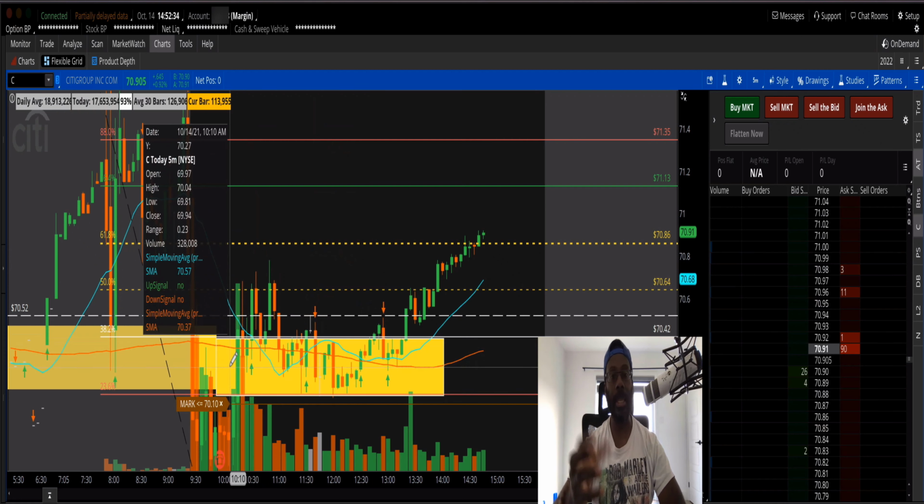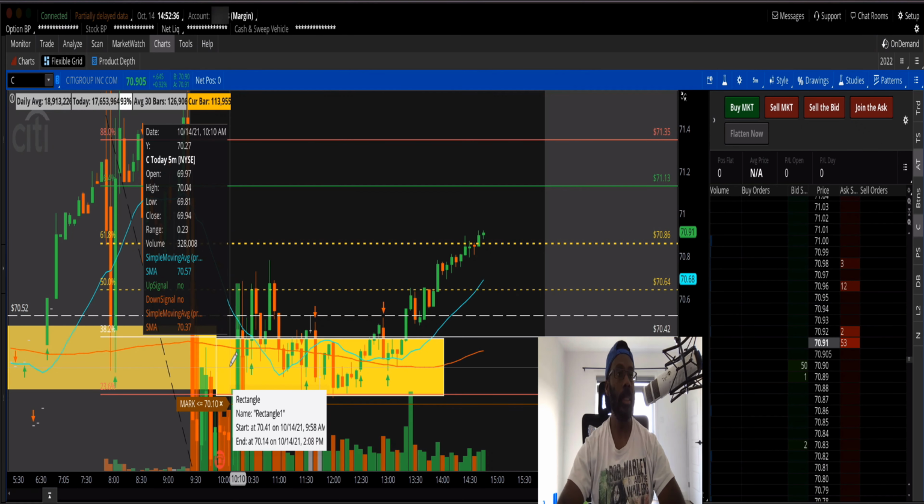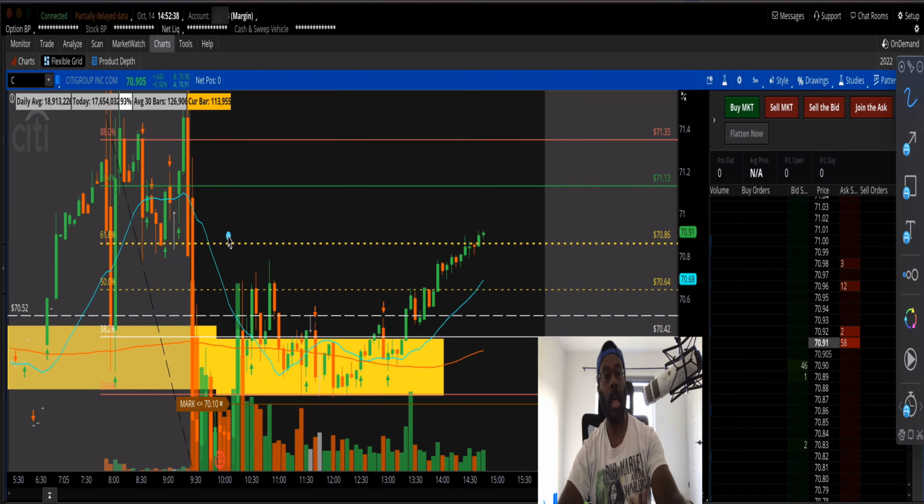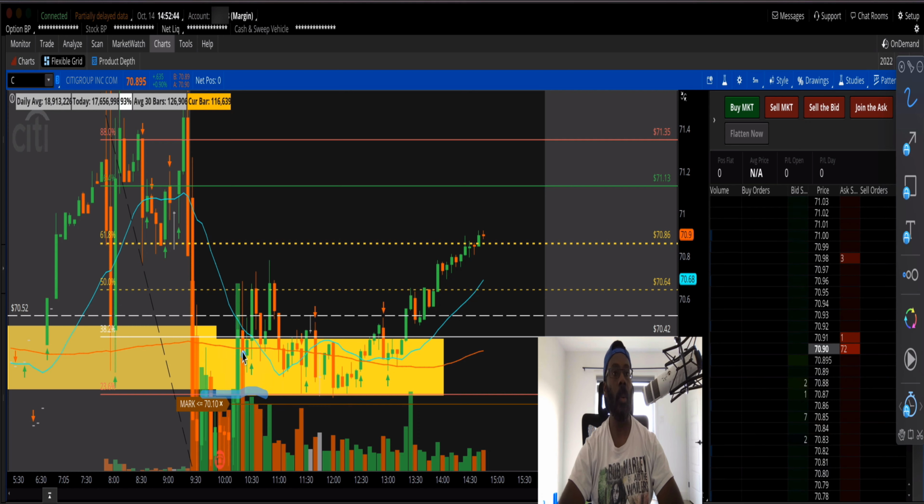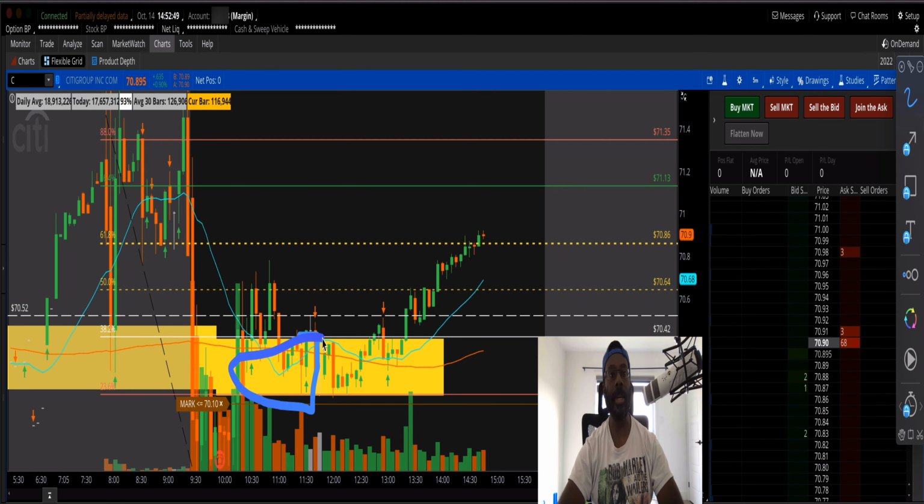But my thesis was, based on the velocity and what was going on, semi-right. I waited for this to really turn around in this area here before taking a position, just based on the volume.